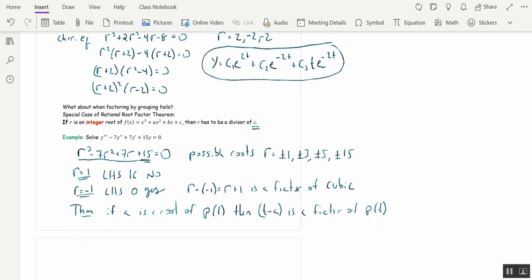We need to take r plus 1 and divide it into r cubed minus 7r squared plus 7r plus 15. Now you should pause the video and make sure you can do that long division. And when you come back, I'll have the whole answer written down, so you don't have to sit there and watch me do every step.